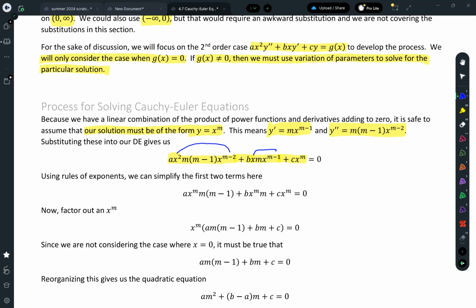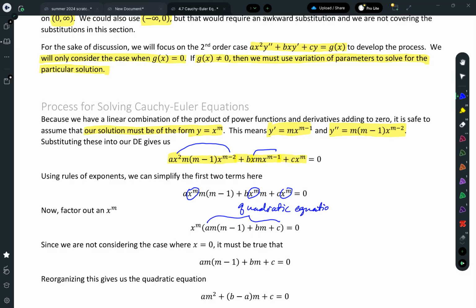And so when everything's simplified, we have an x to the m in common for all the terms in the differential equation. So we should factor it out and see what's left behind. At that point, once we factor out x to the m, what we're going to be left with here is just a quadratic equation.